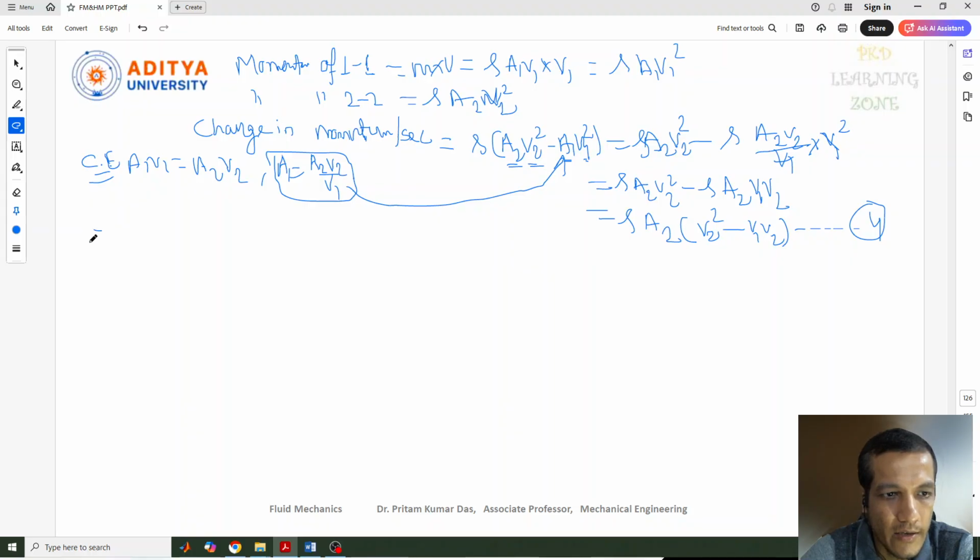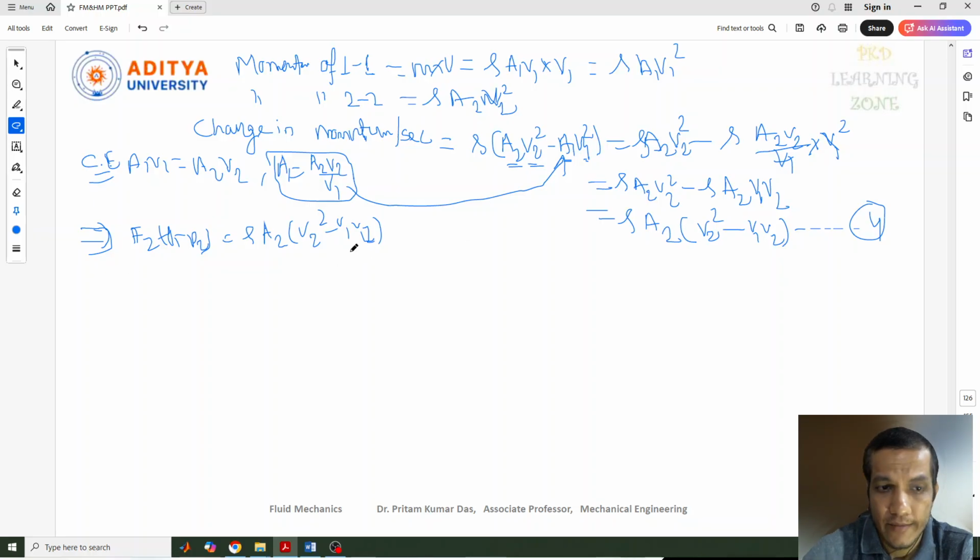So let's write as per the equation. You can write a2 into (p1 minus p2) equal to ρ a2, and this is v2 square minus v1 v2. So this is the equation.